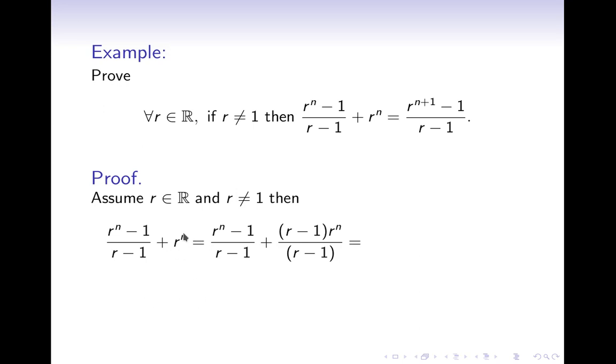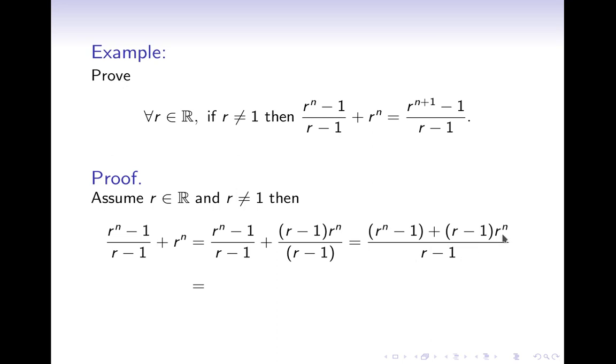So we're thinking of r to the n as being r to the n over 1, and we're multiplying the numerator and denominator by the quantity r minus 1. And now we're adding two fractions with the same denominator. So you add the numerators, and the answer has as its denominator the common denominator.